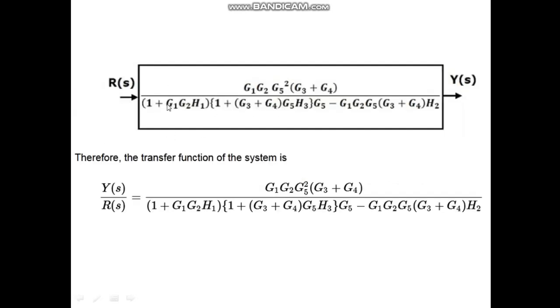So by writing this particular formulation and simplifying this, we can get the answer as G1 G2 G5 square into G3 plus G4 divided by 1 plus G1 G2 H1 into 1 plus G3 plus G4 into G5 H3 into G5 minus G1 G2 G5 into G3 plus G4 into H2. So this will be considered as the transfer function for that particular representation.